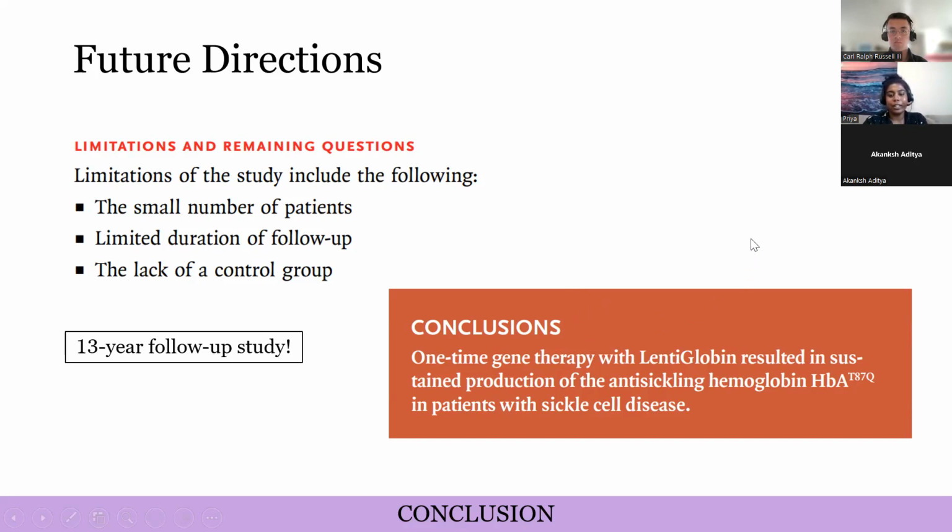But in conclusion, 1 dose of this gene therapy vector delivery of the LentiGlobin resulted in a sustained production of this anti-sickling globin for patients with sickle cell disease, and it was safe and had good efficacy.